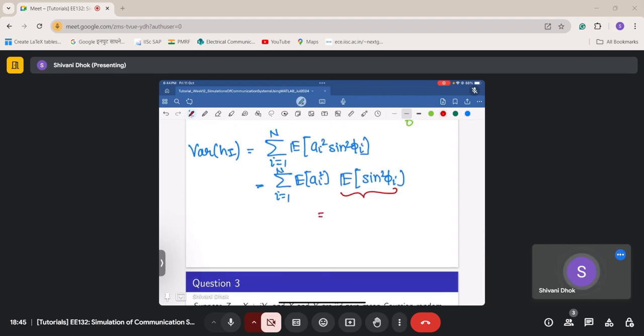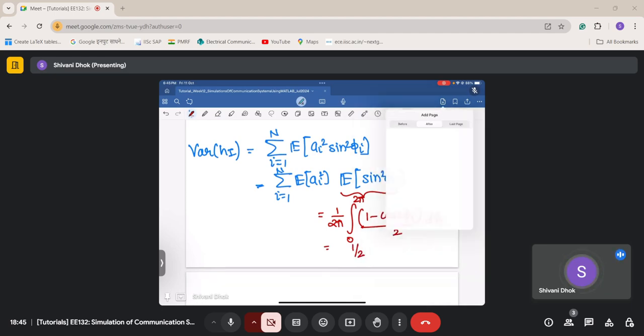This is equal to 1 over 2 pi, integral 0 to 2 pi, of sin square phi_i, which we can write as (1 minus cos 2 phi_i) by 2, d phi_i. We have seen that the integral of this particular quantity is equal to 0. So again this reduces to half.